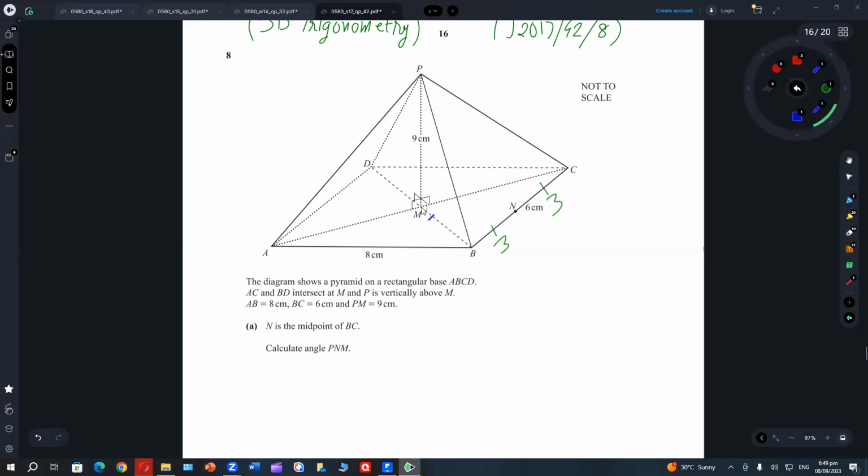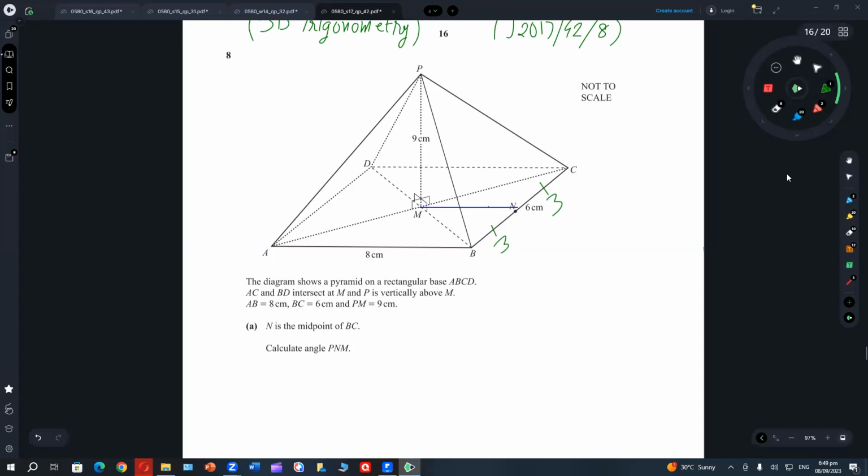Let me make this point join here. It's not very accurately touching point N, but it is at the position N.